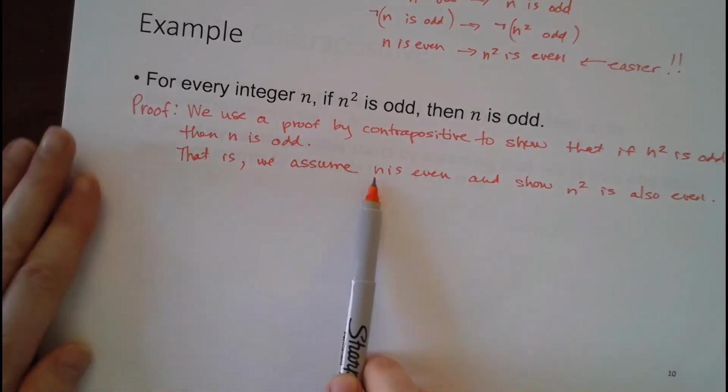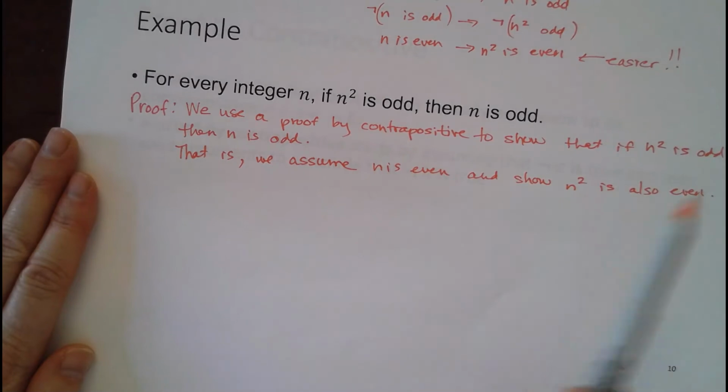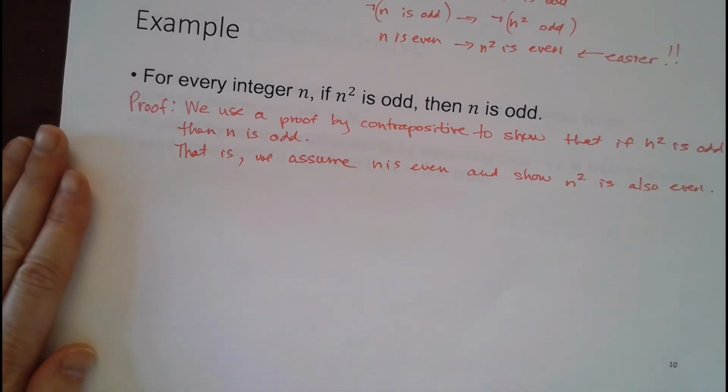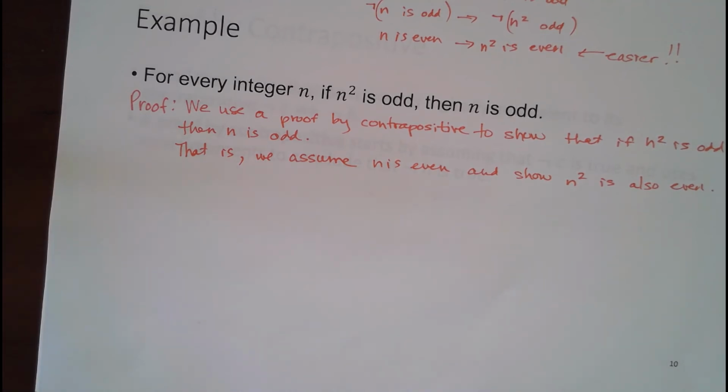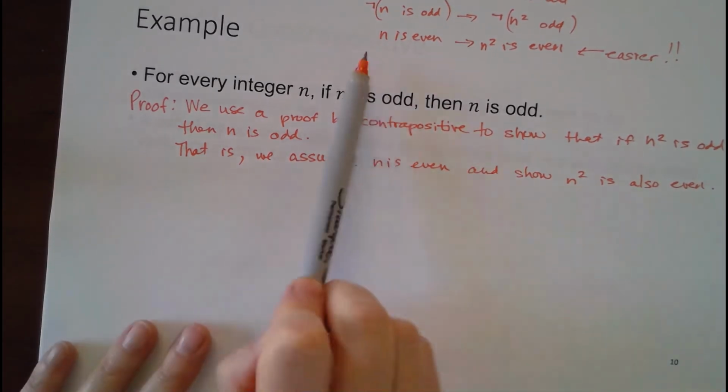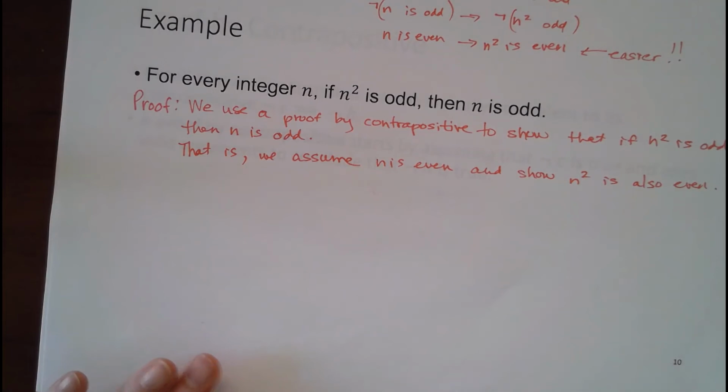So I've shown what my assumption is here and what I'm going to show. And just like always, I have to start from my assumptions. From this point, essentially, it's a direct proof of the contrapositive statement up here.